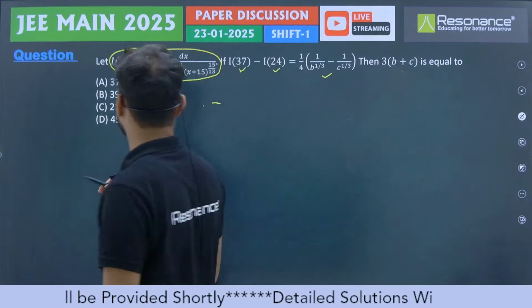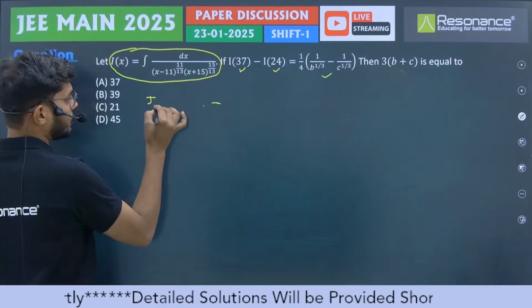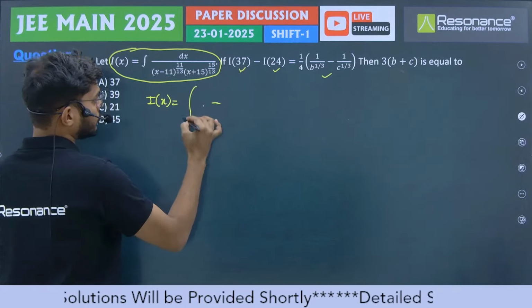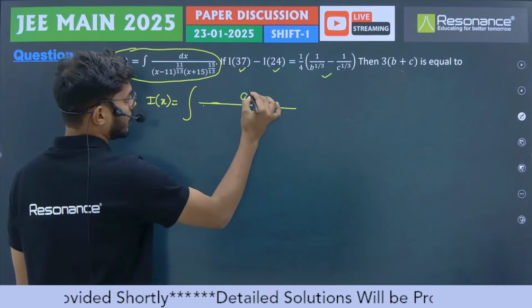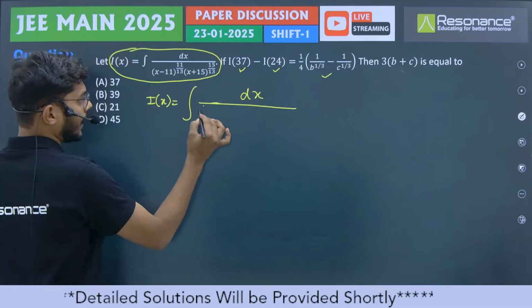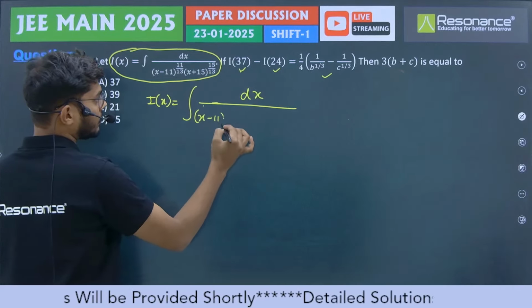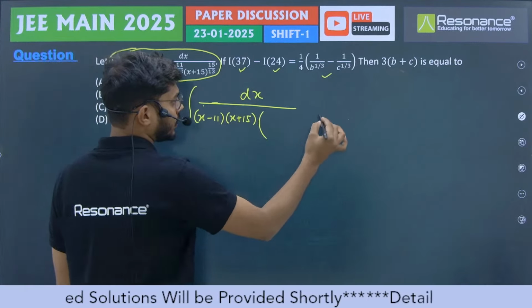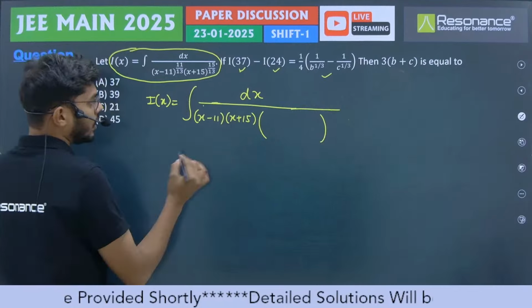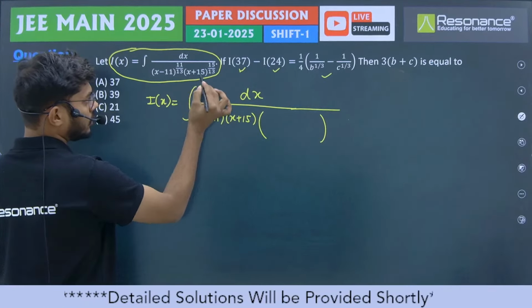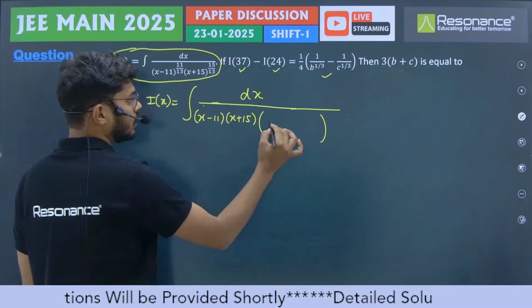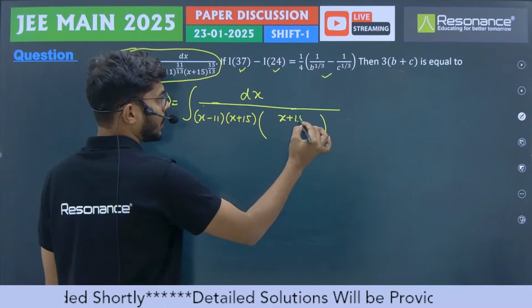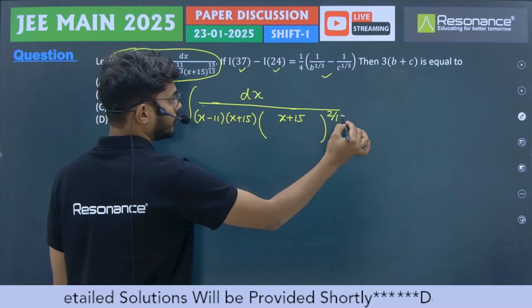So first, I will simplify this integration. How to simplify? If I take x minus 11 as well as x plus 15 common, what is left inside the bracket? If you took x plus 15 common, power is 15 by 13, so here (x plus 15) power 2 by 13 is left, right?